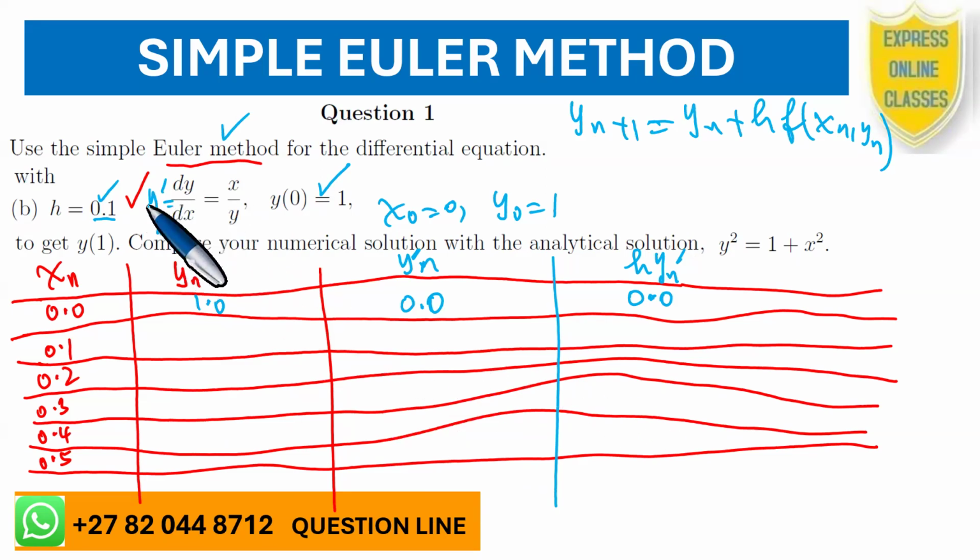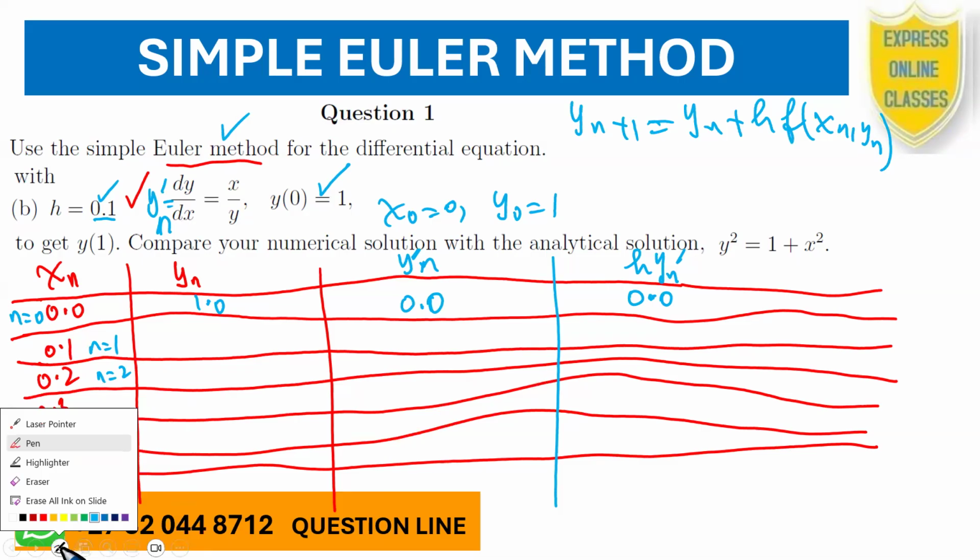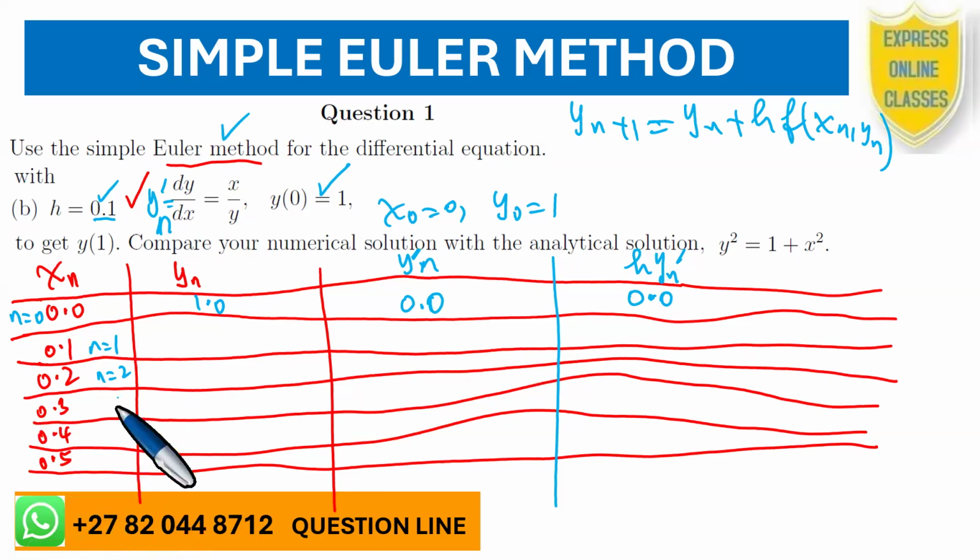So my point is we need a strategy to beat the clock. When you're doing the simple Euler method, how do you beat the clock? We've filled in the table so far, and now let's deal with this. Like we said, n equals 0, n equals 1, n equals 2, n equals 3, n equals 4, n equals 5.